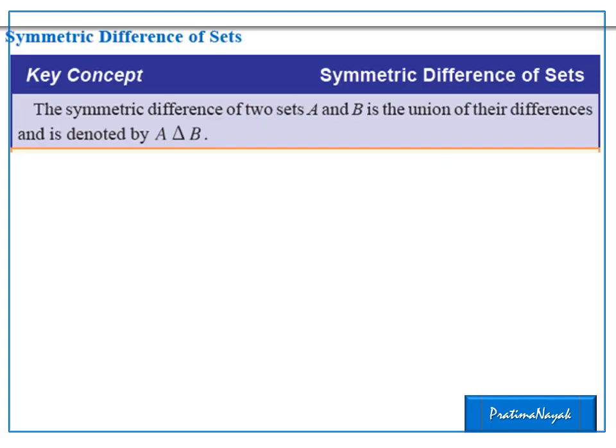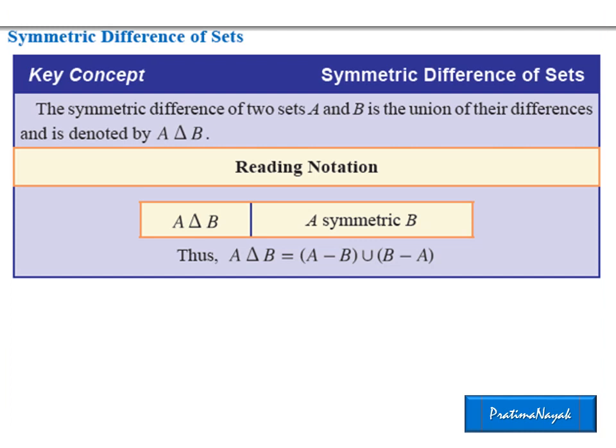Next is symmetric difference of two sets. The symmetric difference of two sets A and B is the union of their differences and is denoted by A triangle B. Please observe the notation.